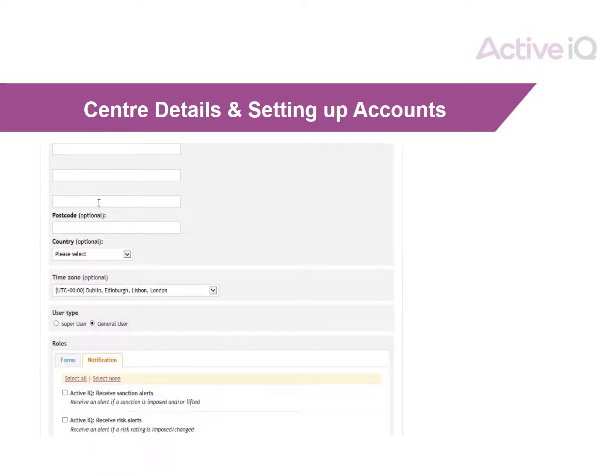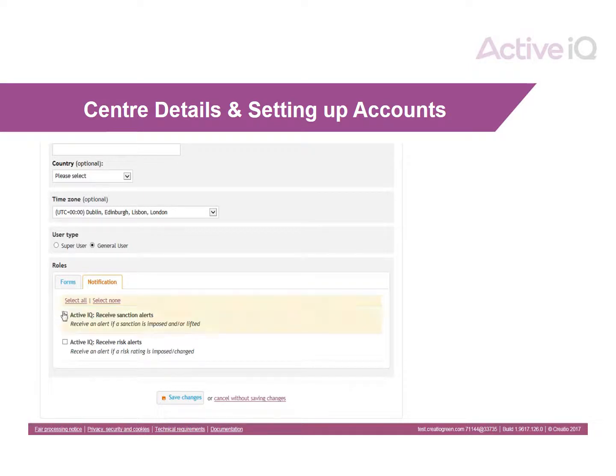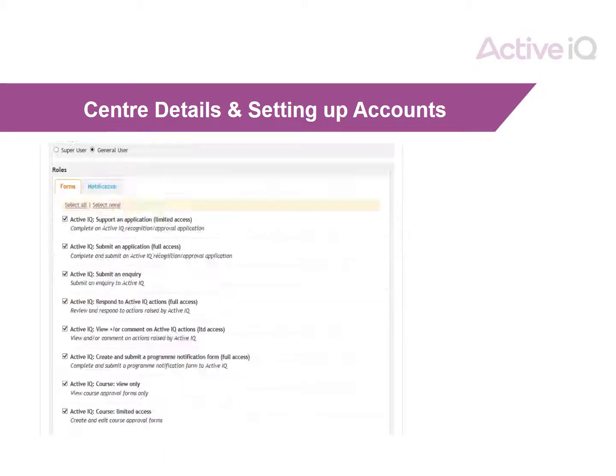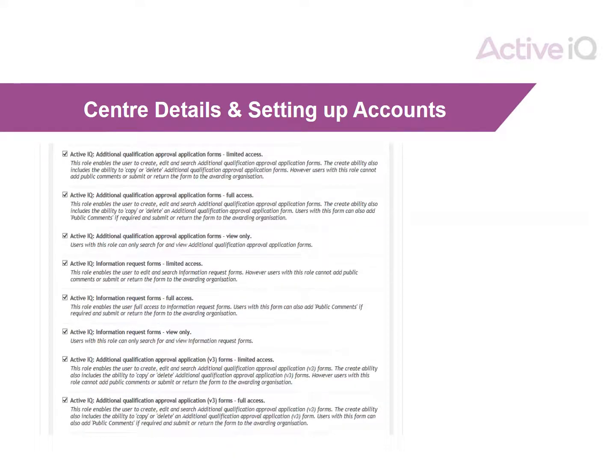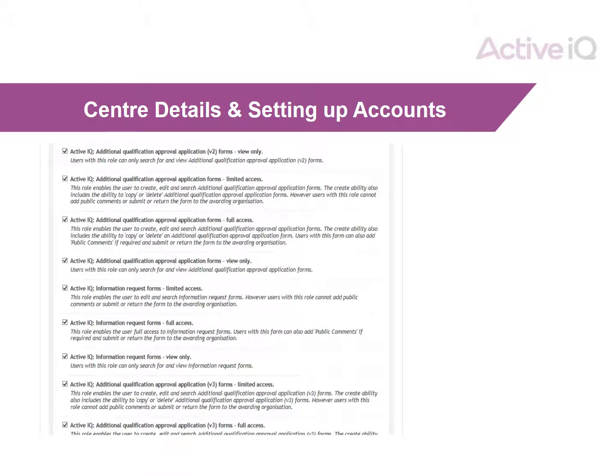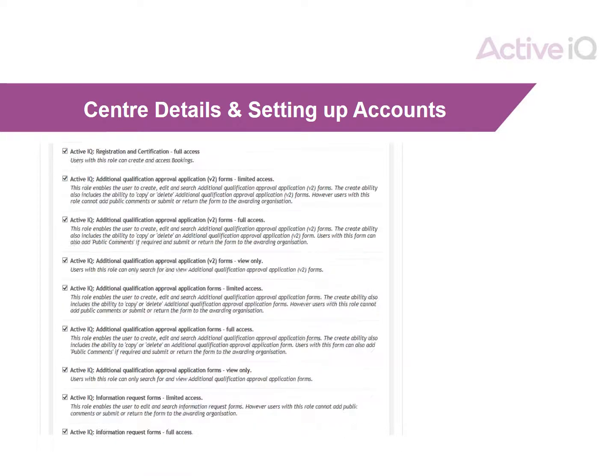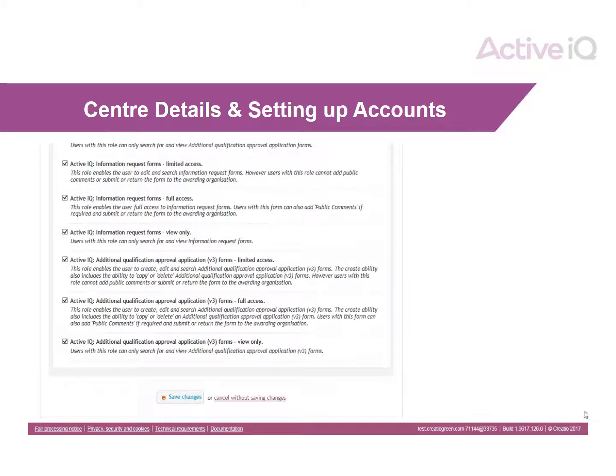You'll also find the notifications as well, so by clicking here, you will receive various notifications. Rights and access in terms of forms and notifications are all set up within this particular area. You'll notice there are a variety of options for that particular user there.